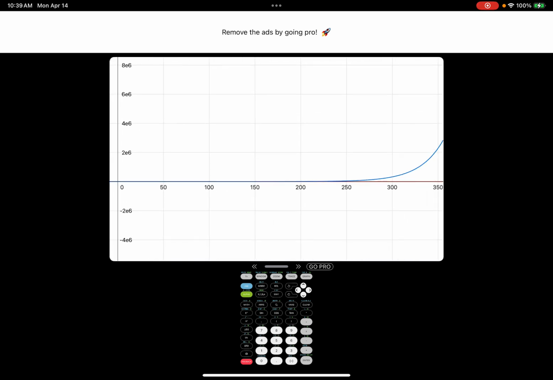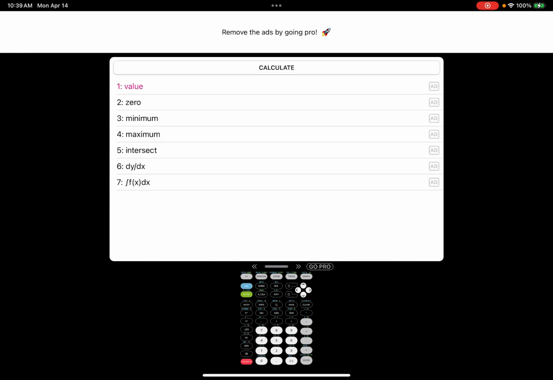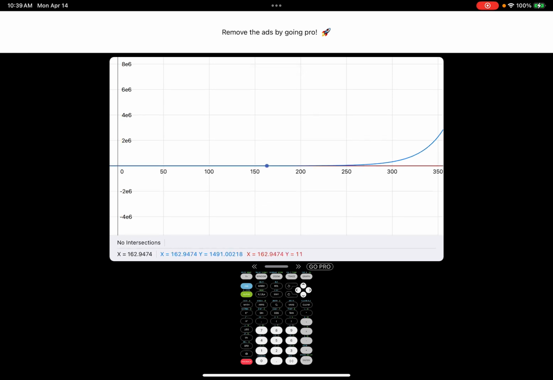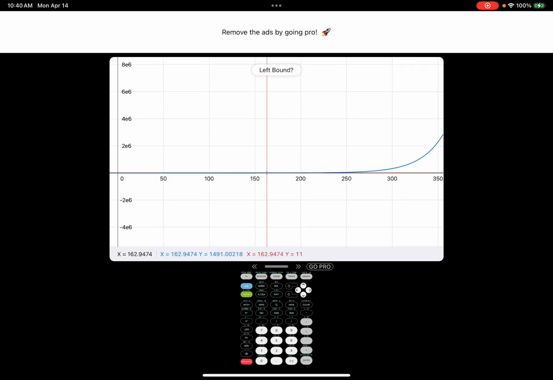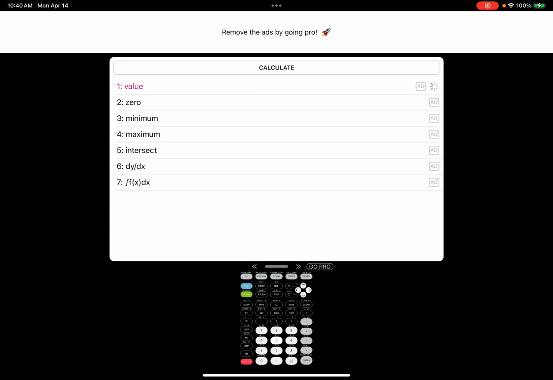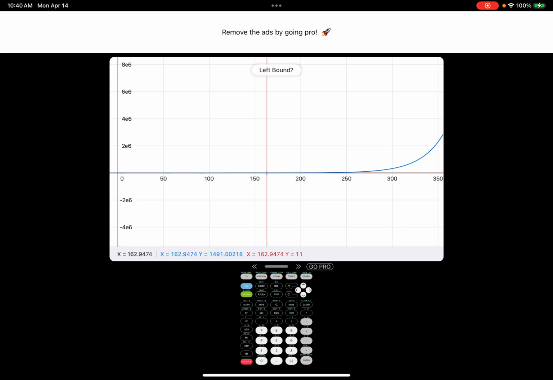All right, if you can see the intersection with zoom 0, then you're going to do second, trace, 5, and then enter 3 times. So second, trace, 5. Sorry, mine's a little weird.